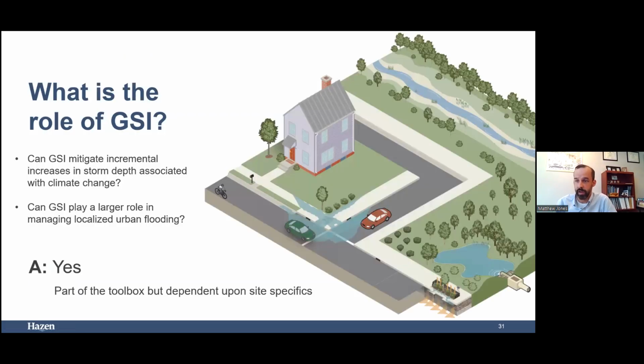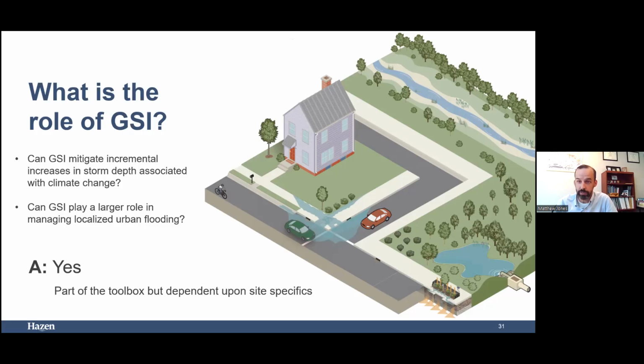So back to our two questions that we posed: can green infrastructure mitigate incremental increases in storm depth associated with climate change, and can it play a larger role in managing localized urban flooding? The answer to both of those is yes, but with some important clarifiers and caveats.